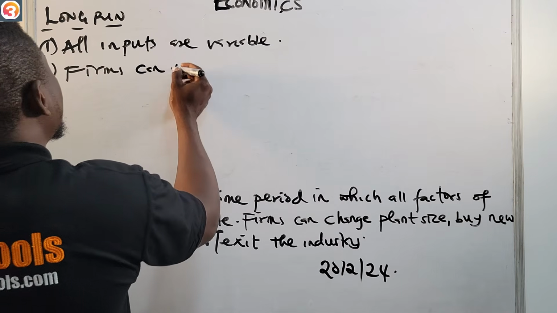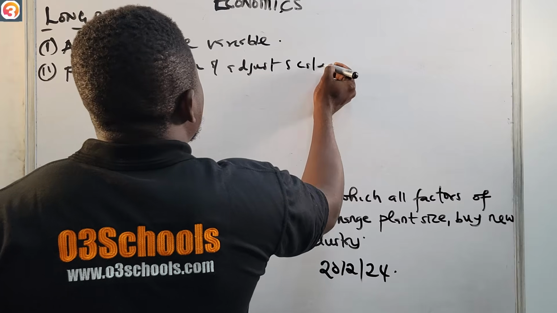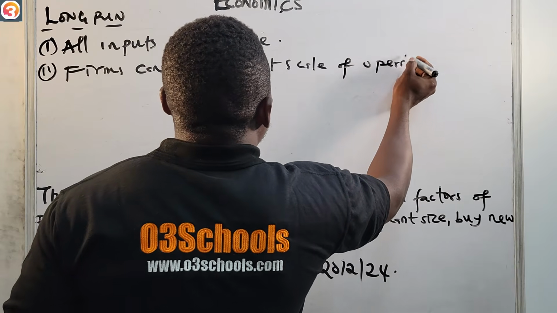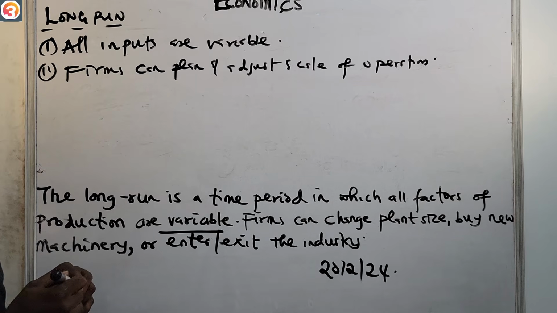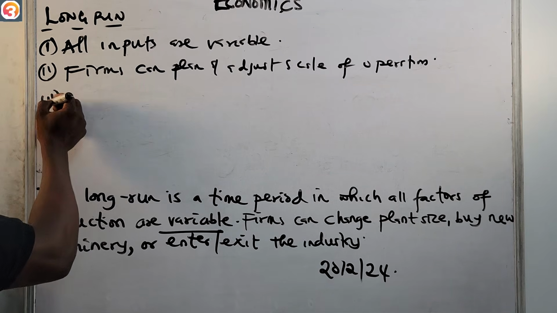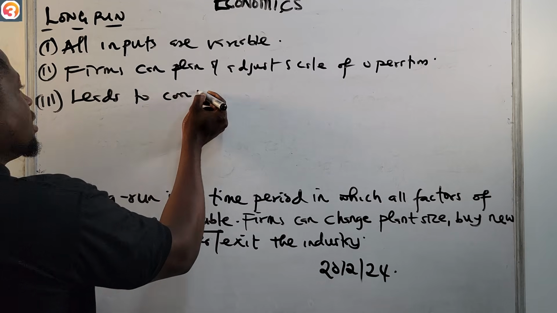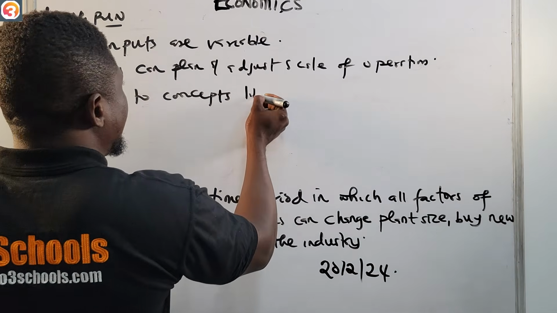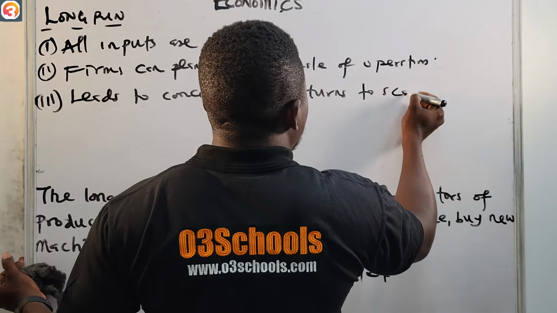Firms can plan and adjust scale of operation. And of course, remember we talked about returns to scale. So this long run production leads to concepts like returns to scale.